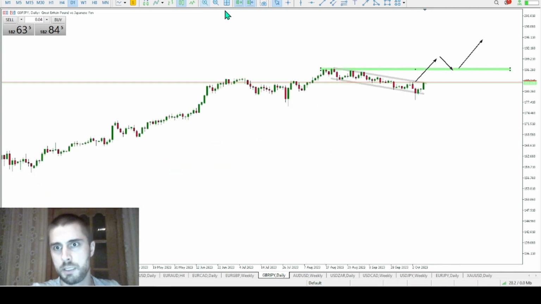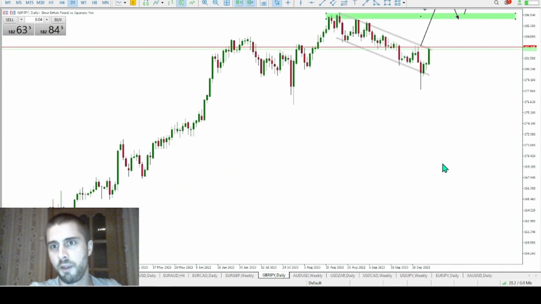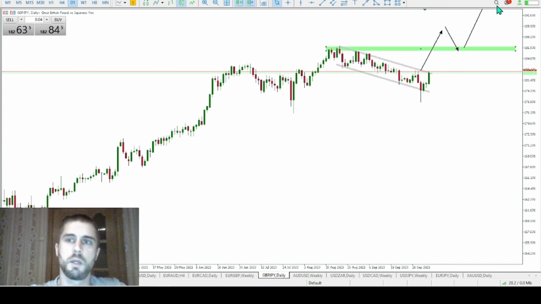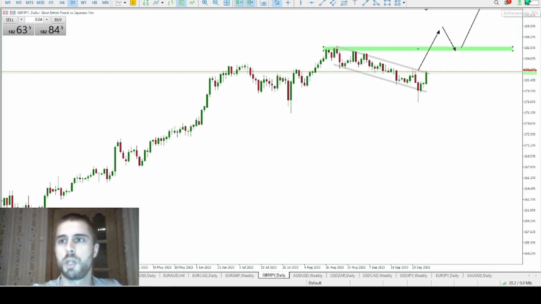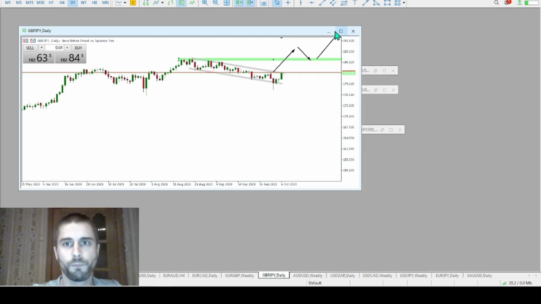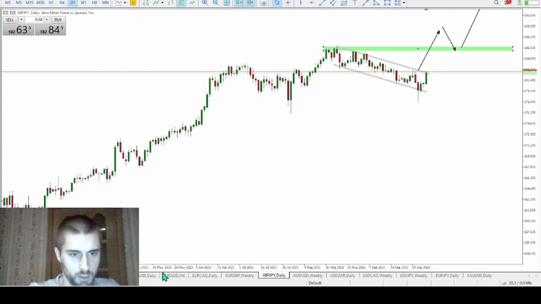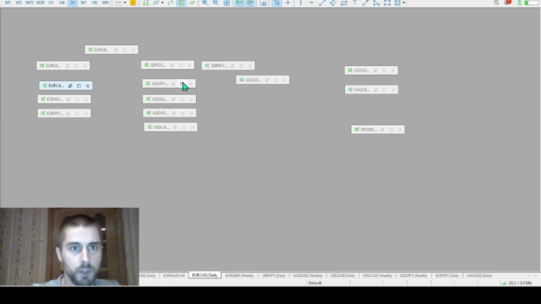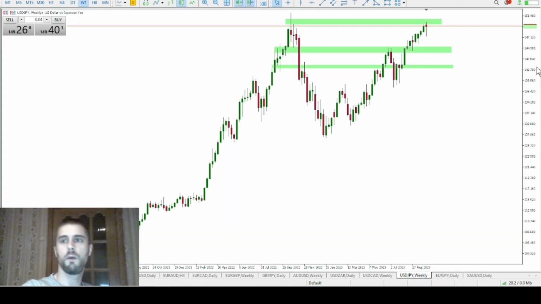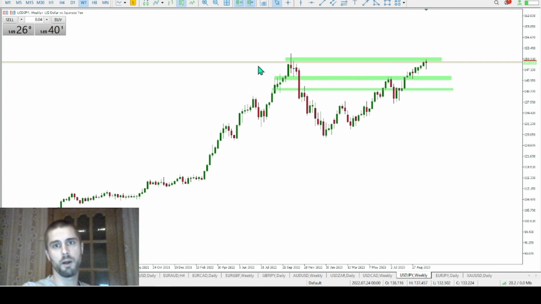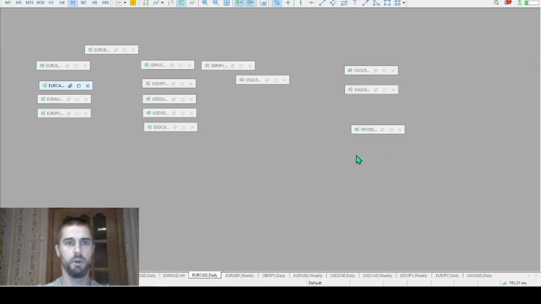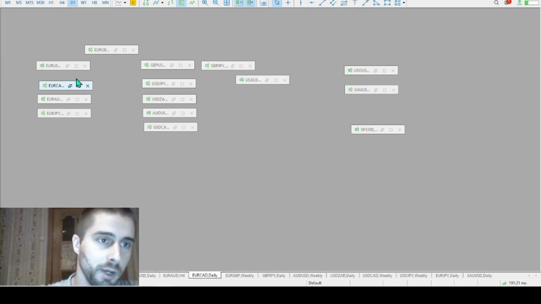Okay, and I still am thinking the same way, because if we also check the USD/JPY, we are ready to break above this resistance, and if that happens, then it's very likely that all the pairs against the JPY will continue going up. And that's it for now, guys.